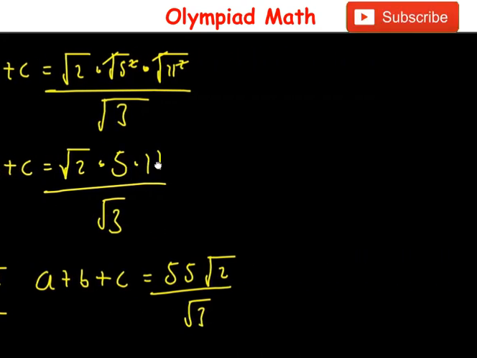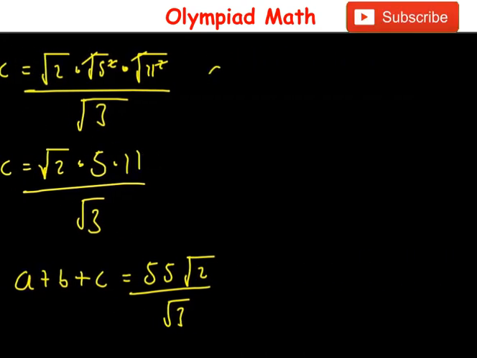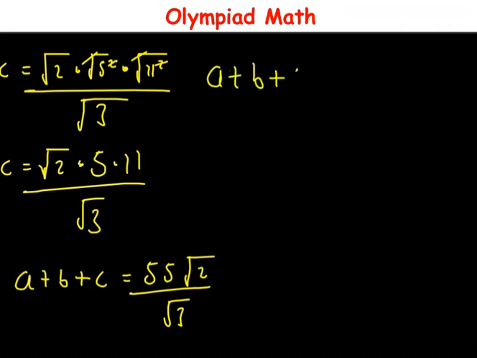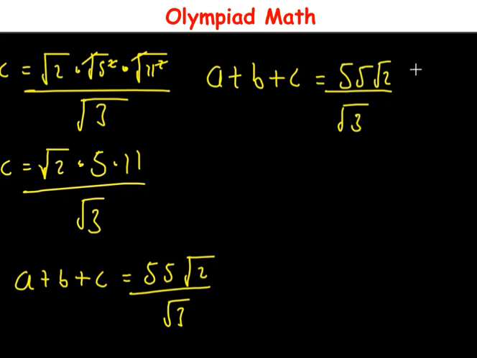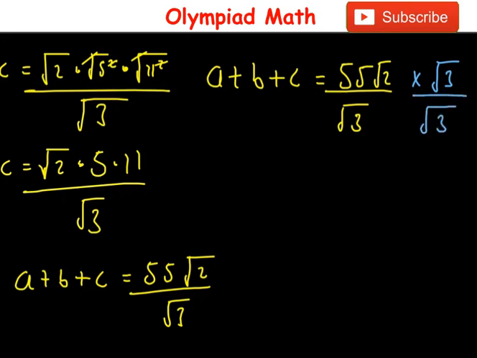So with this, we can multiply the numerator and the denominator by root 3. This becomes 55 root 2 over root 3, then multiply this by root 3 and divide by root 3.